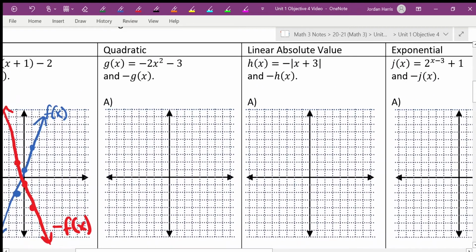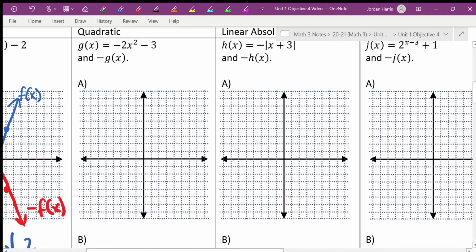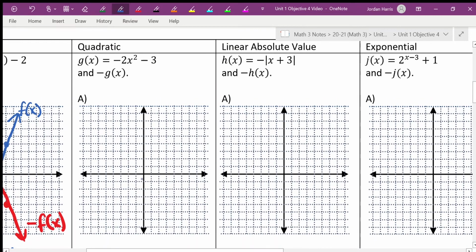Okay, so you can do that with any of our functions. So we'll do a quadratic function next. So this is a down 3 shift. So 1, 2, 3. It's a negative 2a value, so when I go right 1, I'm going to go down 2, following my 1a, 3a, 5a pattern. So it barely fits there.